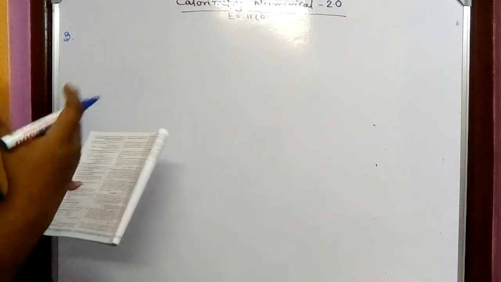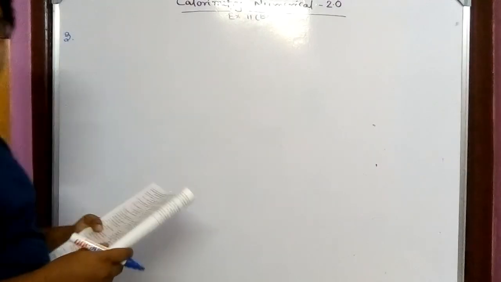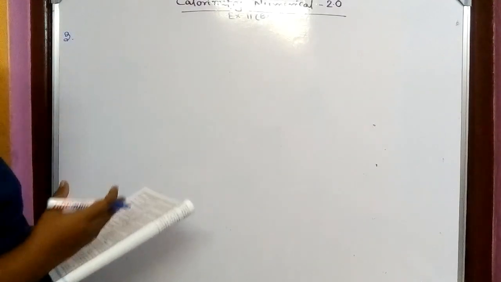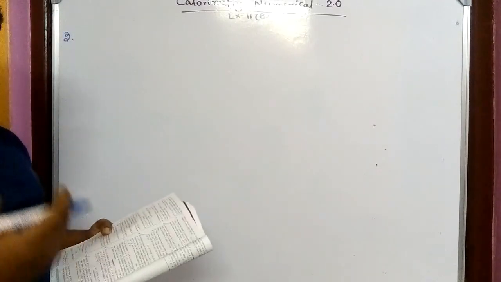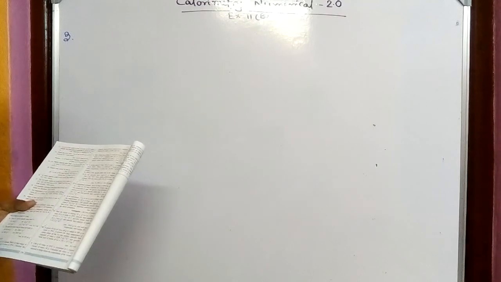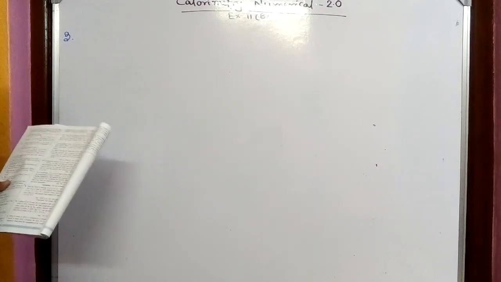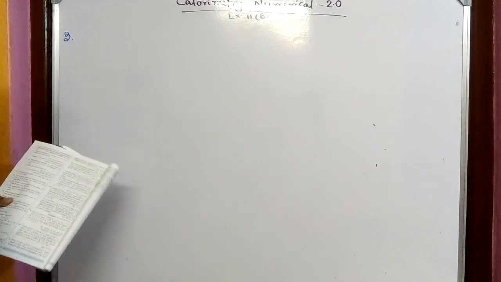It may not be the same as in your book, but I am reading that numerical, so just find which number it is given. Question number 3: a molten metal of mass 150 gram is kept at its melting point, that is 800 degree centigrade.